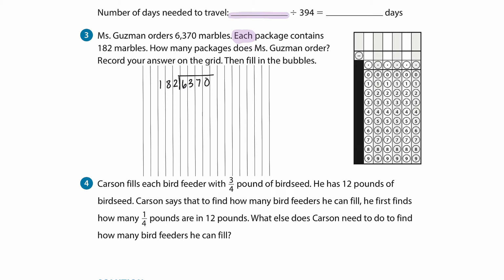I'm going to divide this out, and whatever I get for my quotient, I'm going to fill in my bubbles. So for example, if I got 74, which is not the answer, we would put in 74, and then we would bubble in 74. Okay, so that's what you're doing for that one. Obviously, the answer is not 74.